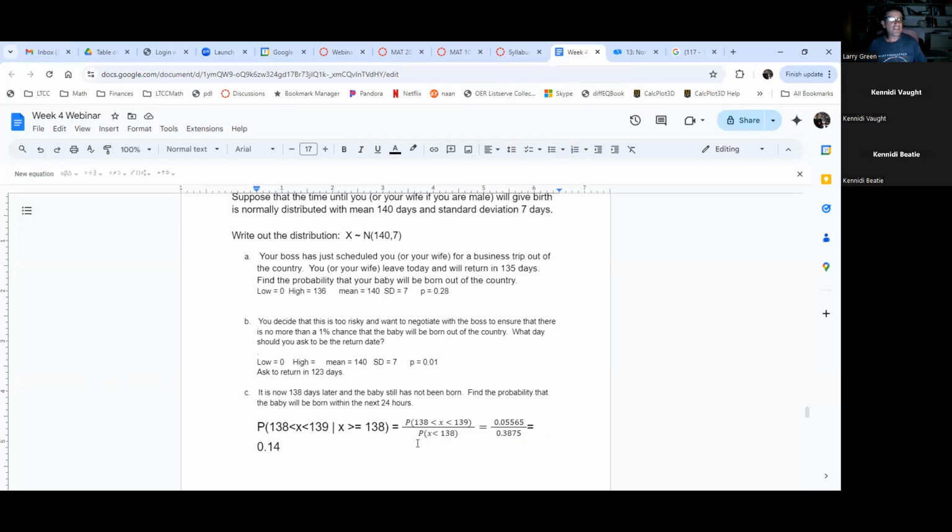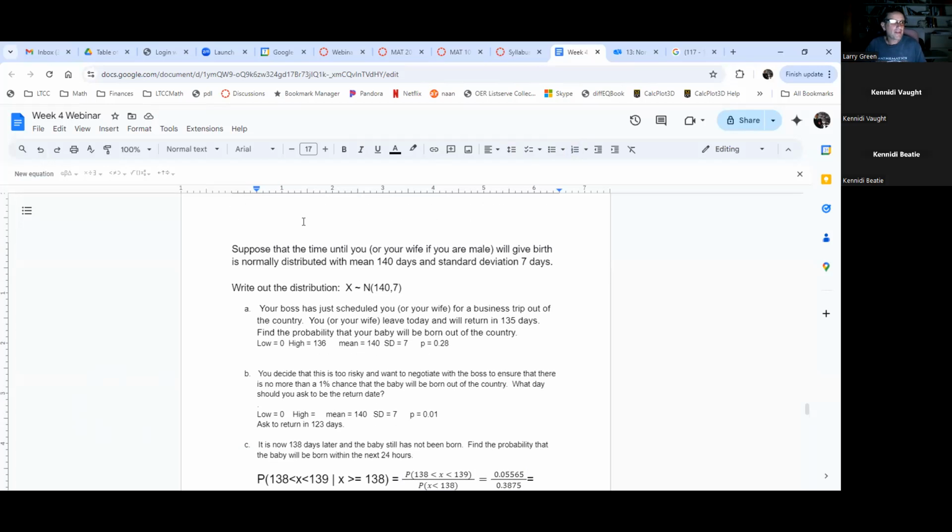Okay, by the way, just a note, just for fun. If the mean is 140 days, what does that say in easy language that most people understand?